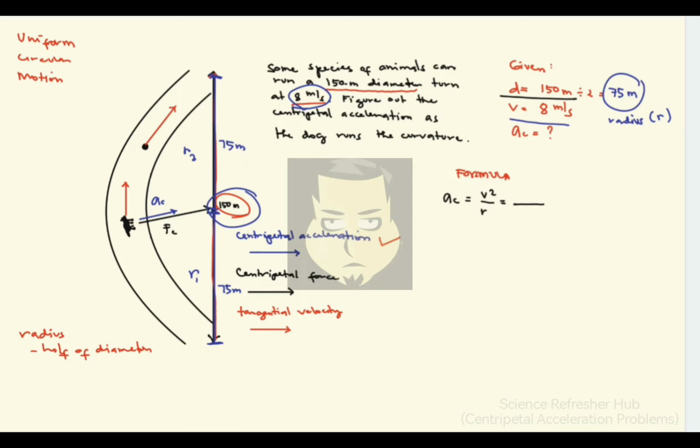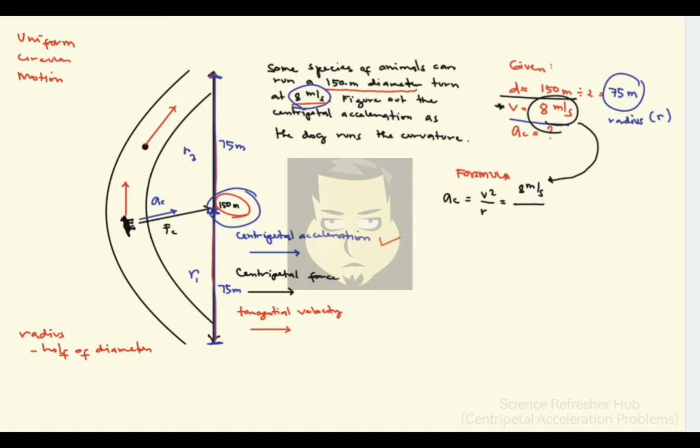The value of our velocity, v, is 8 meter per second. So we will be substituting that in our formula. Instead of writing v, we will make it 8 meter per second.